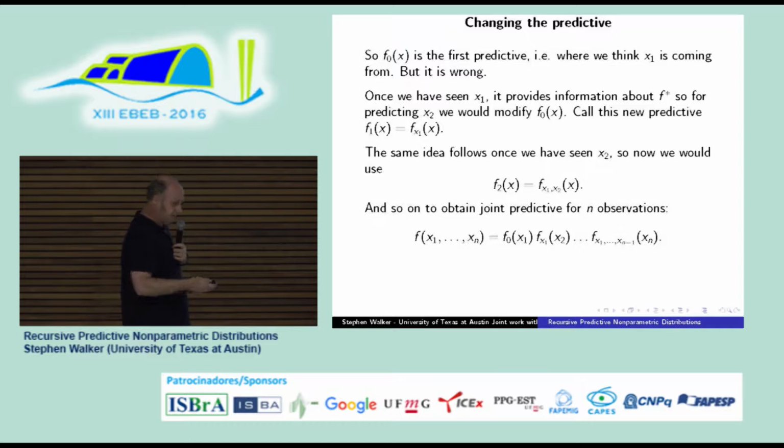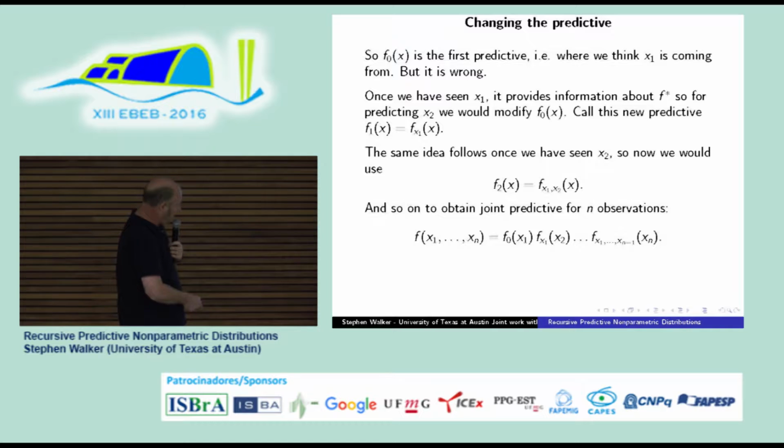Because I'm trying to learn about the density from which they're coming. If I then put all those together, I do end up with a joint model predictive for the first n observations. And if I believe that these x's are IID, I certainly believe that that density should be symmetric.